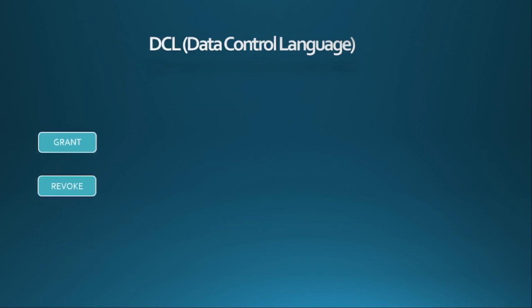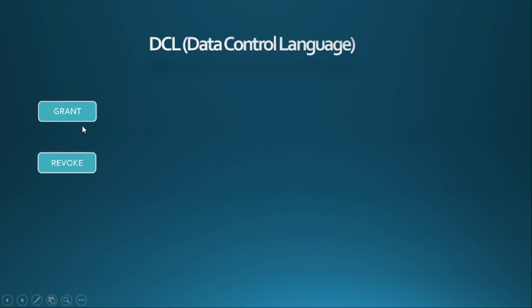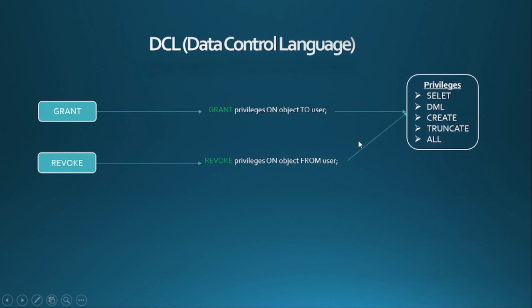Moving to next, data control language. We have GRANT and REVOKE. As mentioned, this is the syntax: GRANT privileges ON object TO user, REVOKE privileges ON object FROM user. What are privileges? Privileges would be like SELECT, INSERT, UPDATE or DELETE, the DML operations, and CREATE, TRUNCATE, if you want to provide access to this user for this particular object.